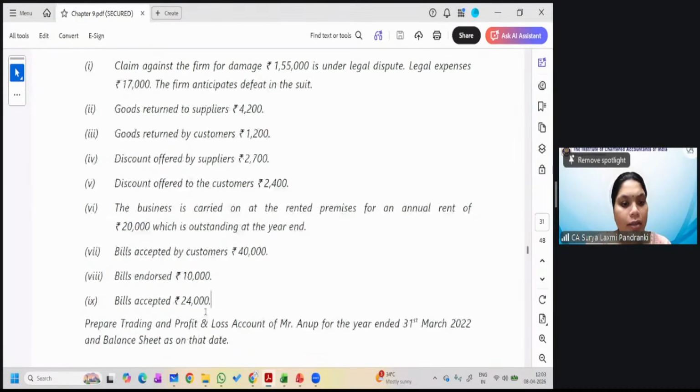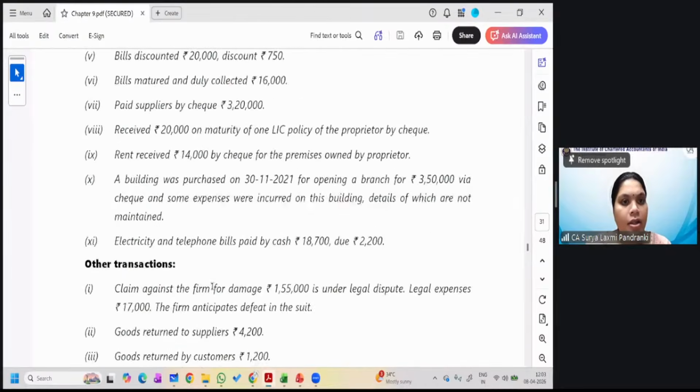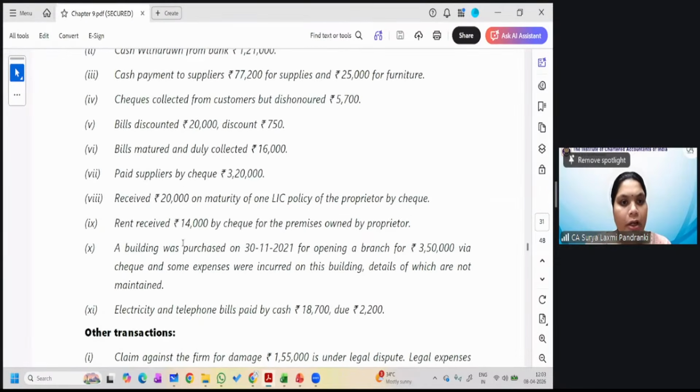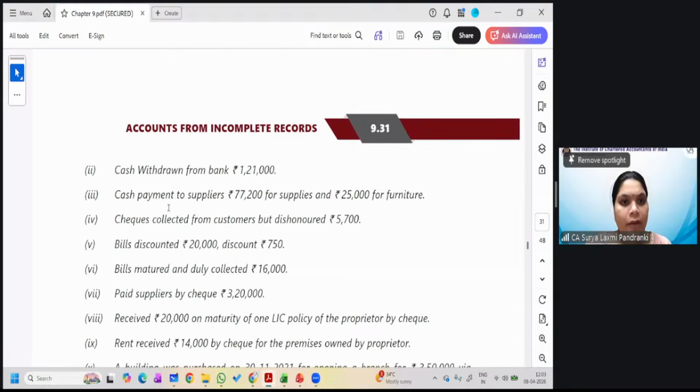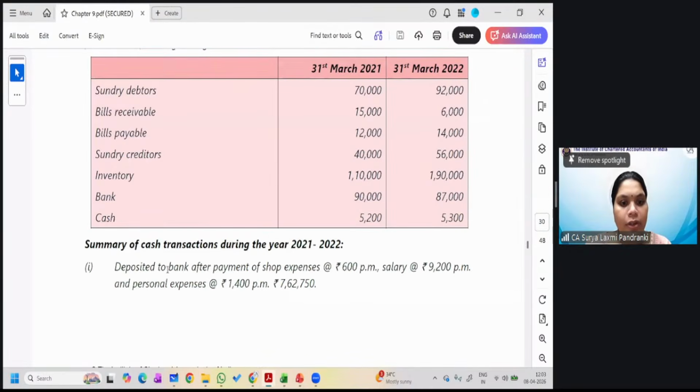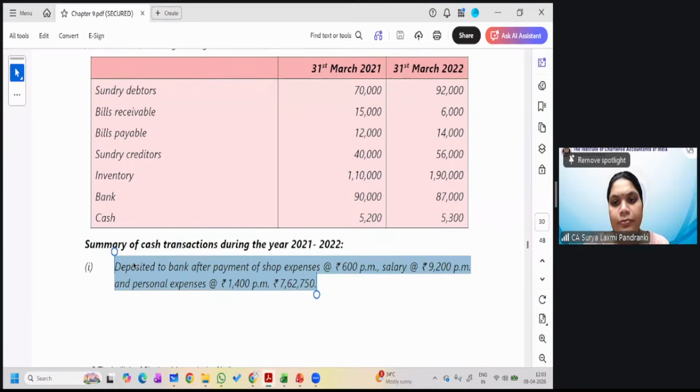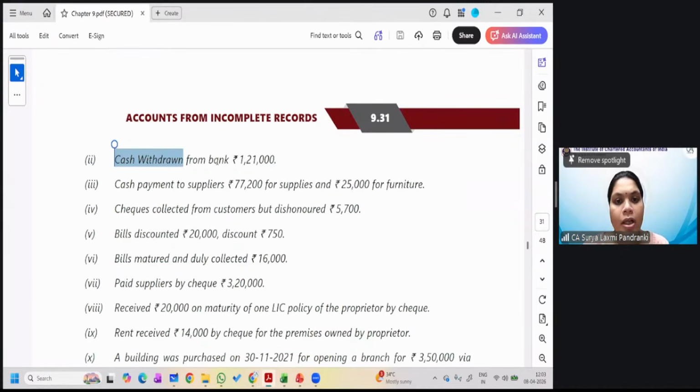So this is done. I think only these 3 transactions are there. We should pick a few transactions from here also. Do you think any of these transactions will come in bills payable, bills receivable, debtors or creditors? Anything that is going to affect the first transaction? No, ma'am. Second one? No, ma'am.